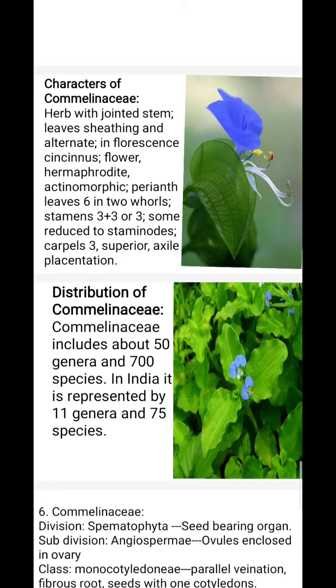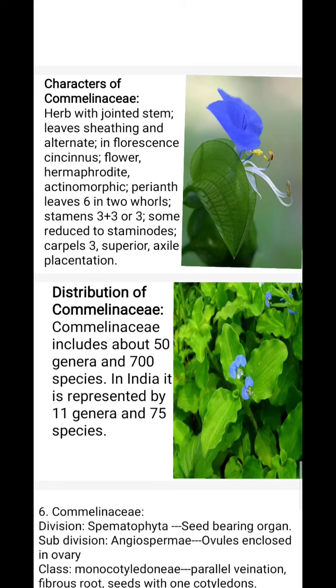The most important distinguishing characters are the sheathing leaf base of the leaves, then herbs with jointed stems, then cincinnus inflorescence, and perianth leaves arranged in 3+3 condition. Also some stamens are reduced, and staminodes are observed, with axile placentation.